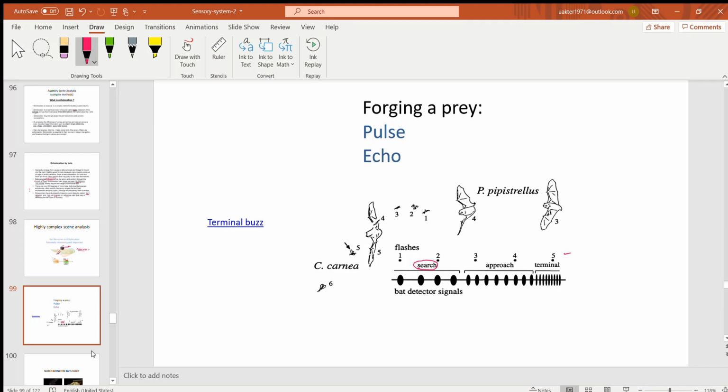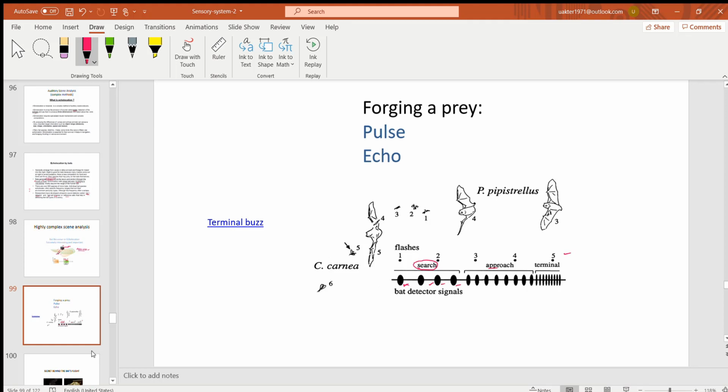Anyway, so you see the bat produces pulses, and listens to the echo, and then if it detects the presence of some prey, it will then move towards it, right?